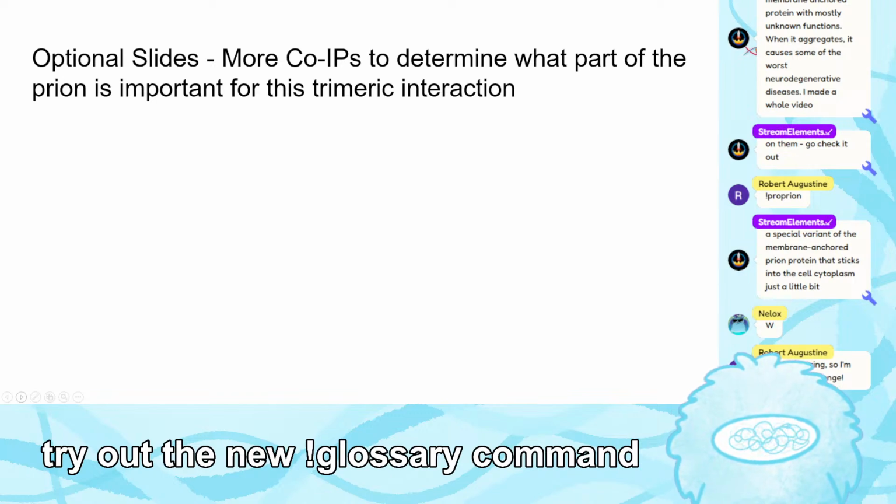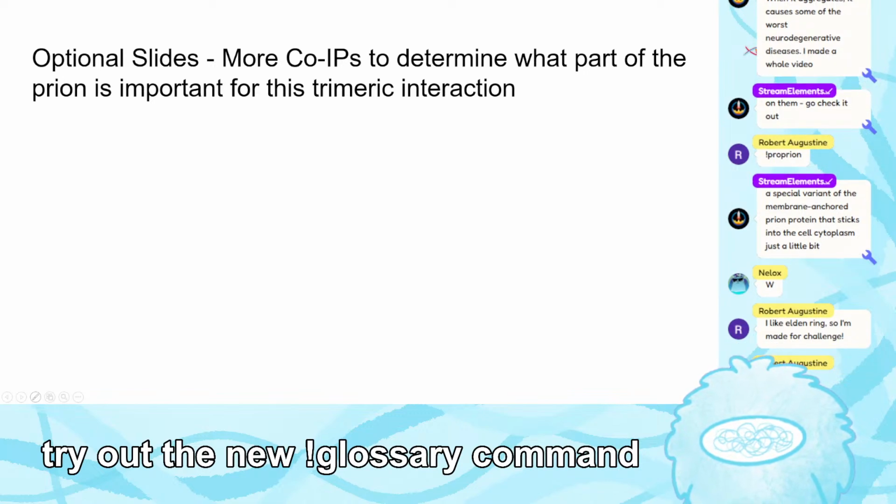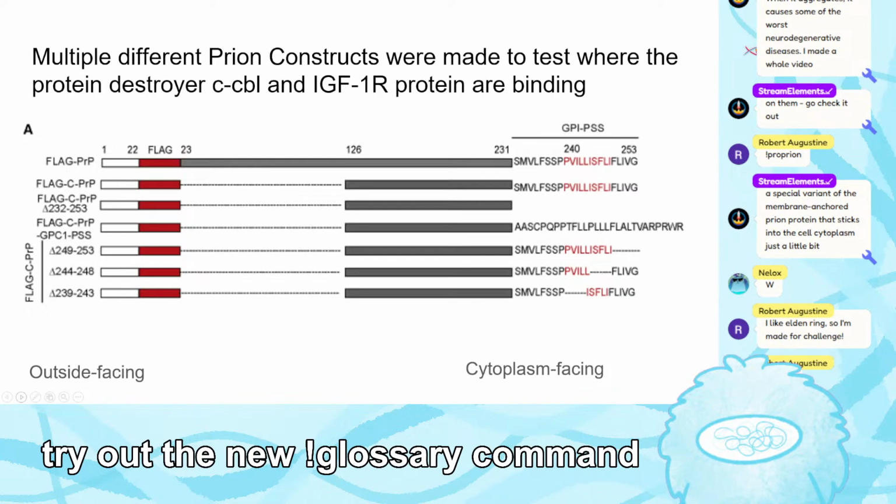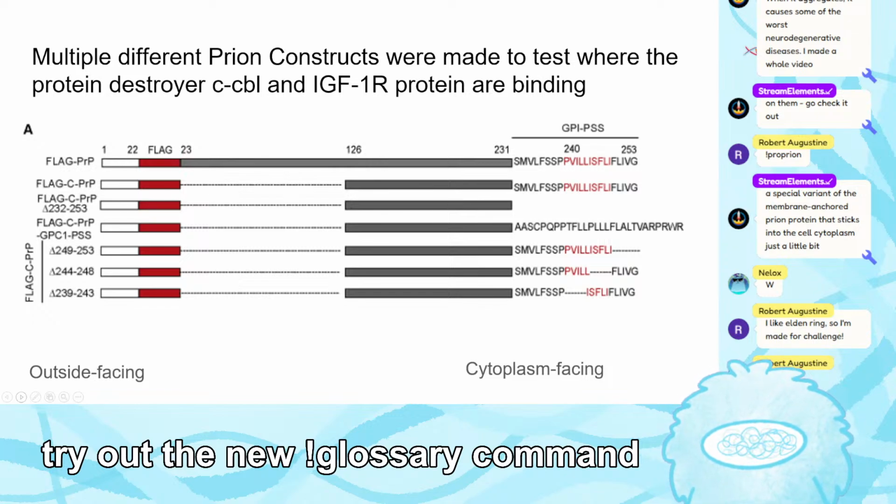So we understand the basic gist of the co-IP, that you're using a fishing rod antibody to try to find out what proteins are binding. This is kind of what Clockwork was referring to. This is a series of different prion constructs that are going to be tested for binding to these proteins.